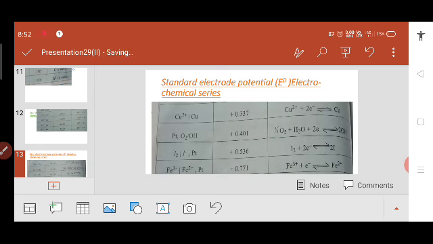For example, Cu2+ plus 2 electrons gives Cu, and these all have positive potentials. Here also there is gaining capacity, but it is positive and very less, so the values slowly decrease.